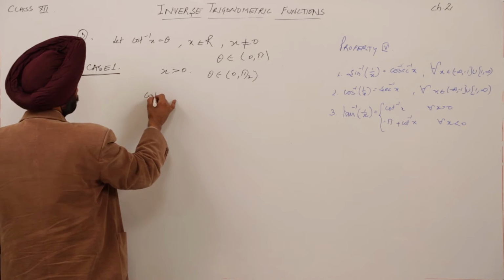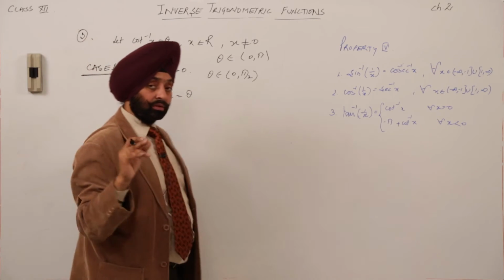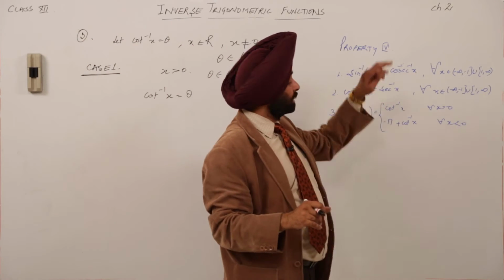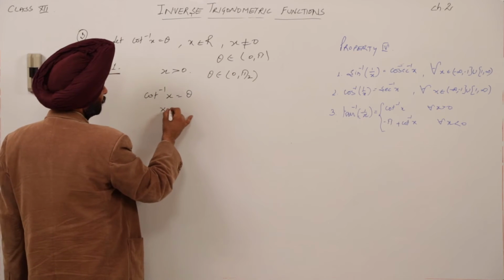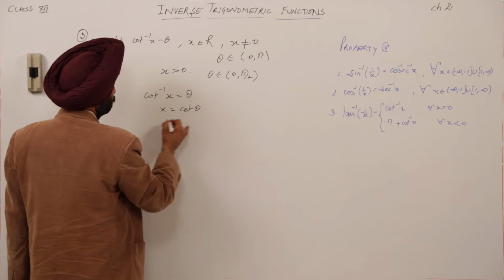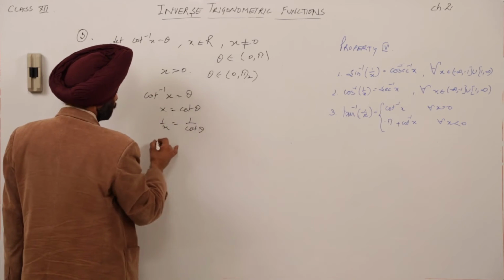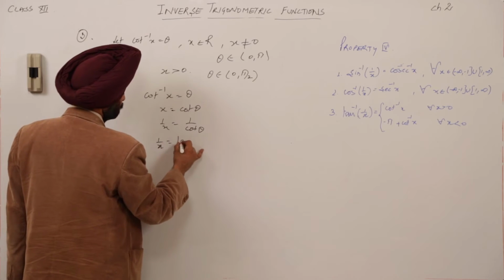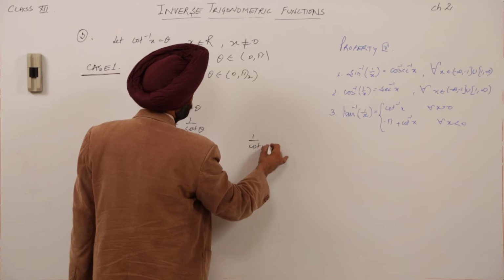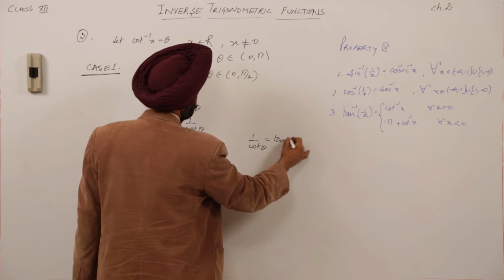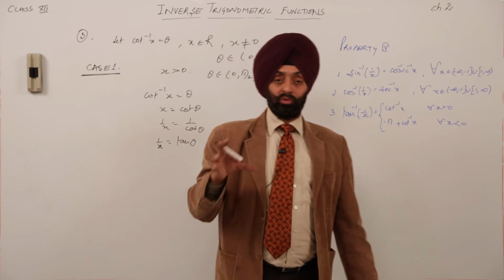Now, cot inverse x is equal to theta, as we did in the last step for sin inverse 1 by x. Same we do here: cot inverse x is equal to theta, x is equal to cot theta, 1 by x is equal to 1 by cot theta, and 1 by x is equal to tan theta. Now 1 by cot theta is equal to tan theta, and you know tan theta and cot theta are reciprocals of each other.